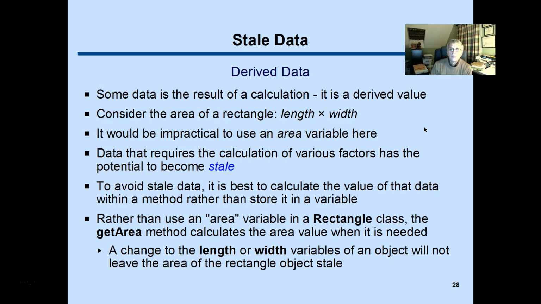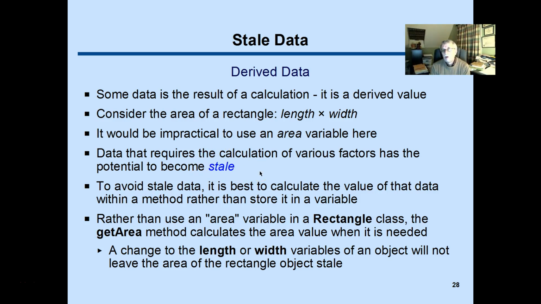So that means the original rectangle that describes the house, its length has now changed. Because the attributes or member variables are potentially dynamic and subject to change over time, the stored value that we would have computed for length times width would have become outdated. It would have become what we call stale.